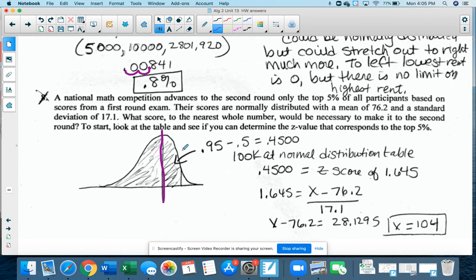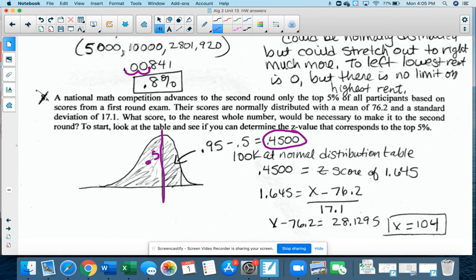So if 0.95 is the whole thing that's shaded, I subtract out 0.5 because this right here is 0.5. So I'm going to subtract that 0.5 out, and I'm left with 0.4500. So this is a number that I'm going to look at in that normal distribution table. I'm going to try and find that to find my z-score.